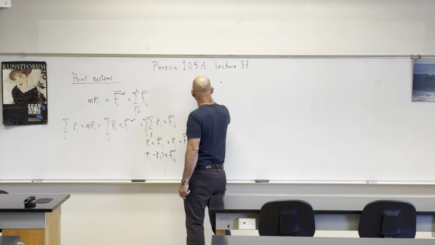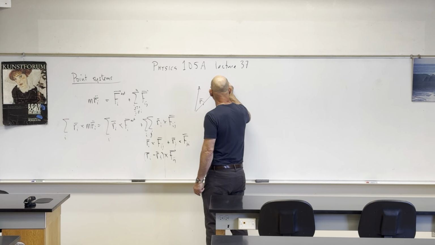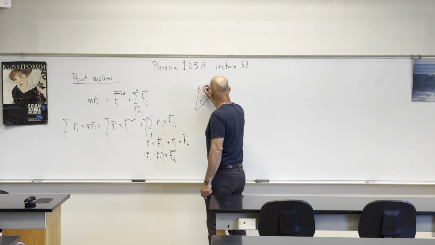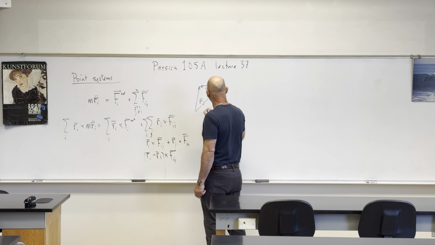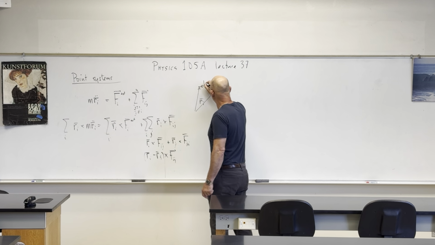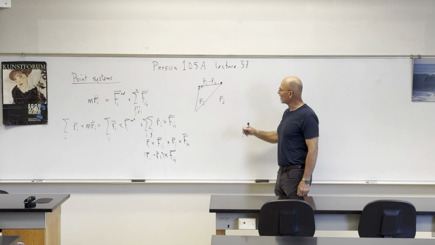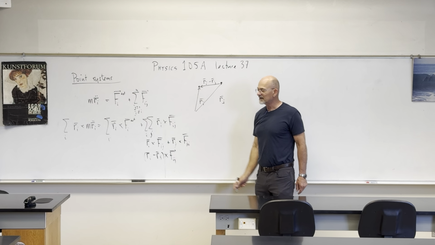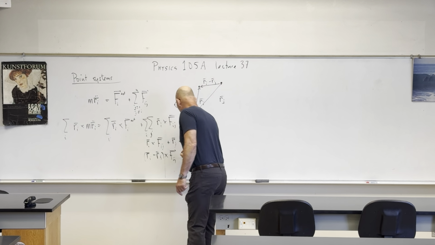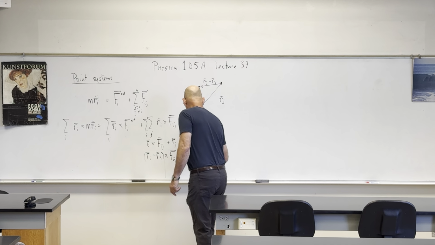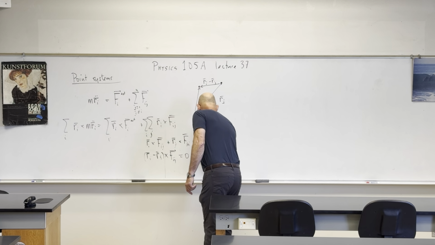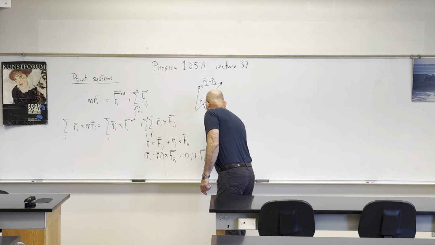This cross product isn't necessarily going to vanish, but it will vanish if these are central forces. Here this is r sub i, this is r sub j, and r sub i minus r sub j is this one. If we have a central force between those two particles, it's directed along that line, and therefore this equals 0 if F sub ij is a central force.